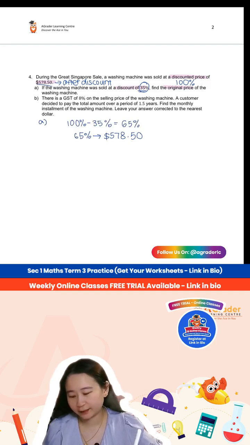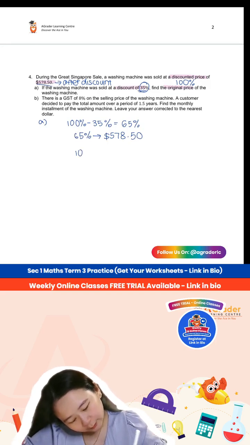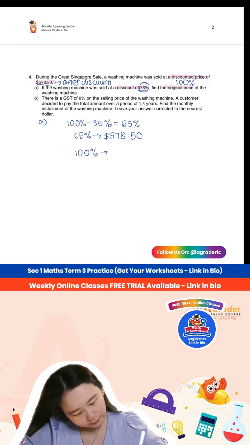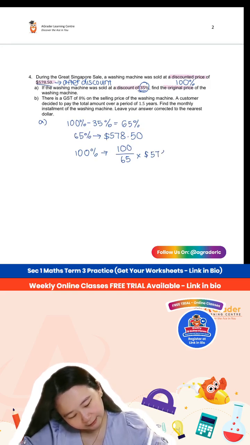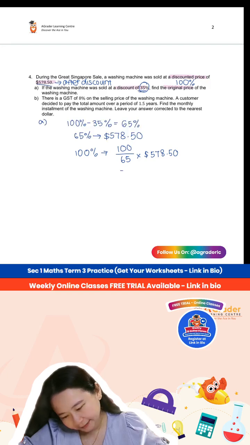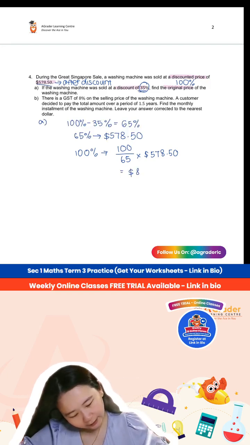Then we have to find 100% to find the original amount. So 100 divided by 65 times $578.50. You get 890.